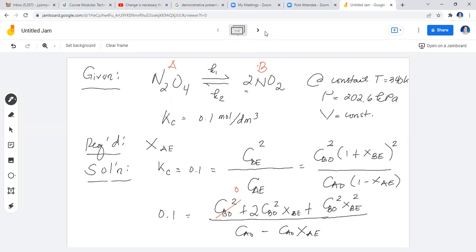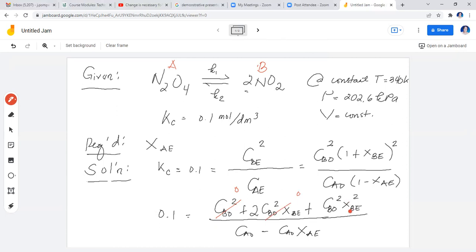So now you can express the CBO XBE here in terms of CAO XAE. You may wonder why the need to do that, because you're after XAE. You don't want XBE. By the way, before we simplify this further, since the initial concentration is already 0, we can have this as well as 0.